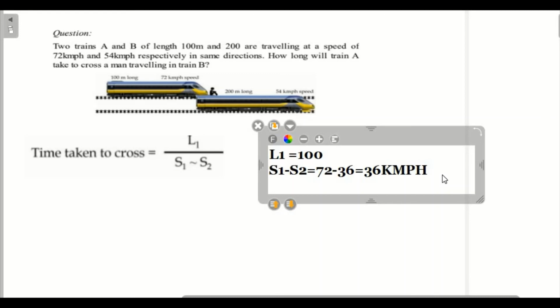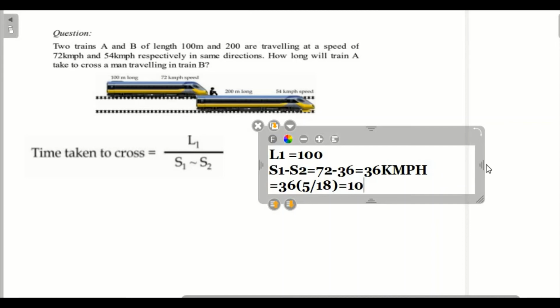For that, we have 36 of 5 by 18, which is equal to 10.